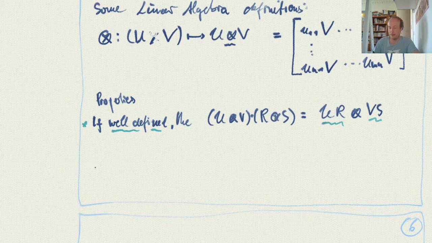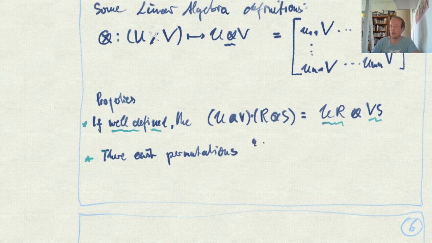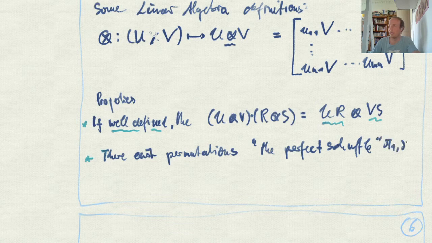Then there exist permutations, called the perfect shuffle, Pi1 and Pi2.